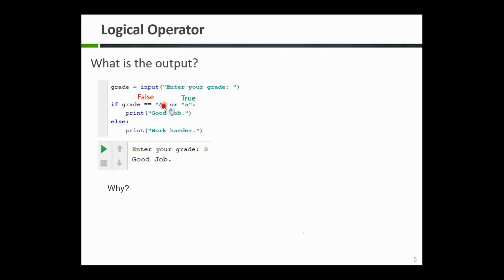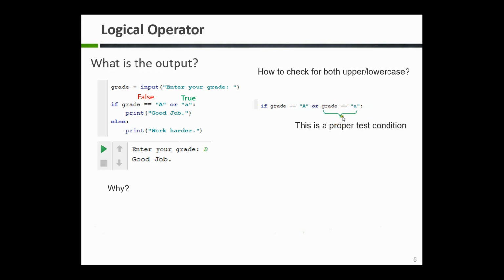This happens to be a very common mistake. So how do we check for both upper and lowercase a? We do it like this: if grade equals capital A or grade equals lowercase a. This is a proper test condition, while the other is not a proper test condition.